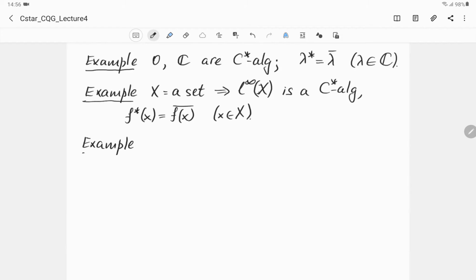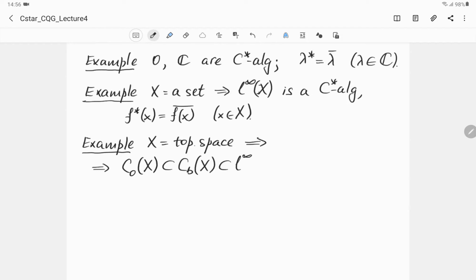Now, if we suppose that X is a topological space, then we have the following chain of closed subalgebras. C0 of X is contained in CB of X, and CB of X is contained in L infinity of X. CB of X is the algebra of bounded continuous functions, and C0 of X is the algebra of continuous functions vanishing at infinity.